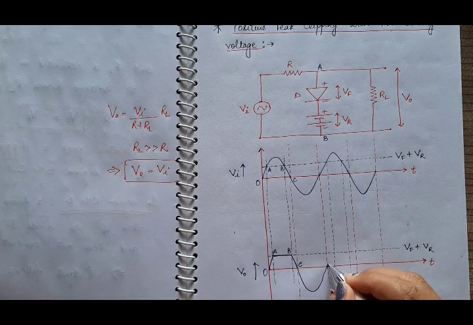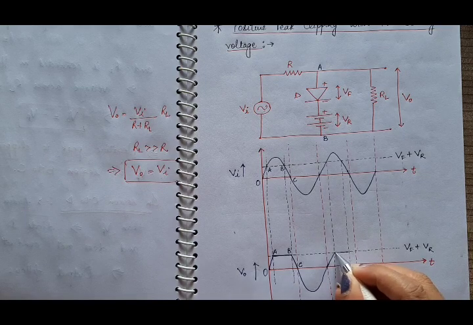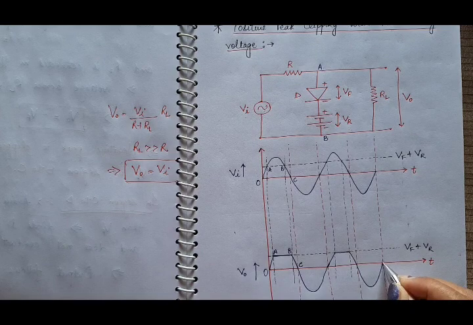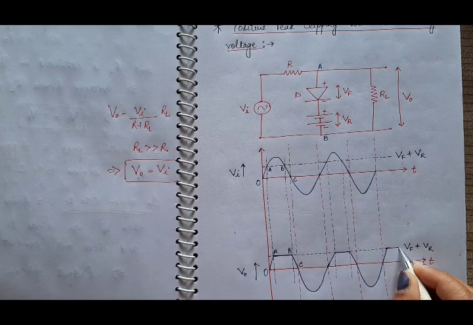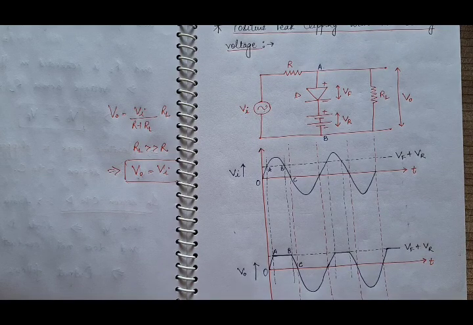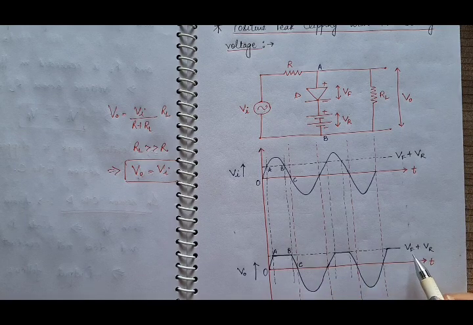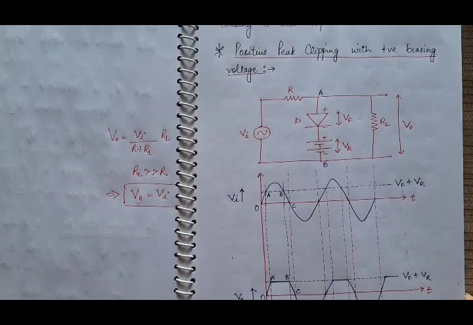So our output will be like this. Here the positive peak of the signal is being clipped at the voltage level Vf plus Vr. So this is all about positive peak clipping with positive biasing voltage.